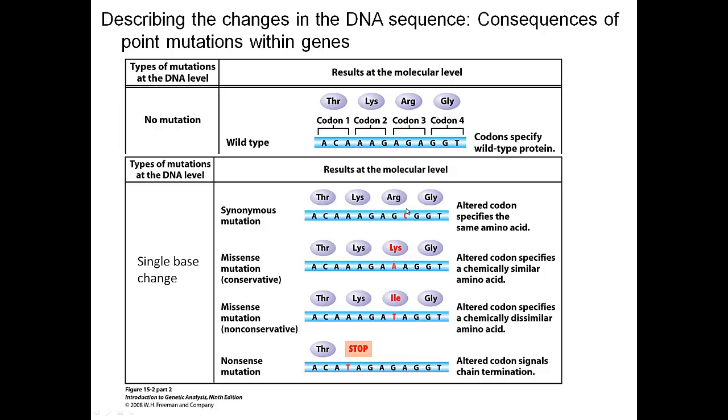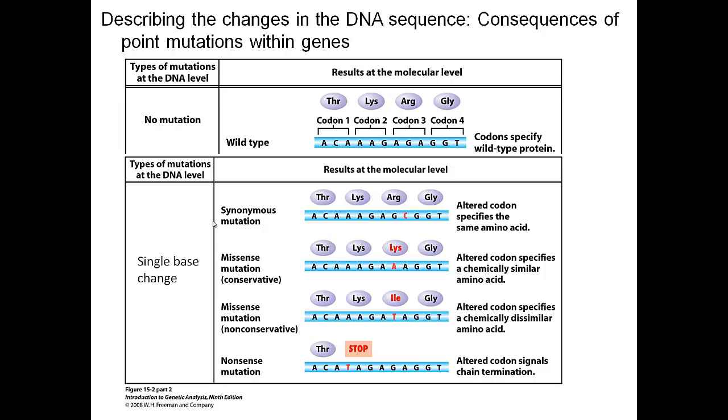If we changed this A in the arginine codon to a C, that change does not actually change the amino acid, since there are multiple codons which call for arginine. This would be called a synonymous mutation. This will really have no effect at the protein level.